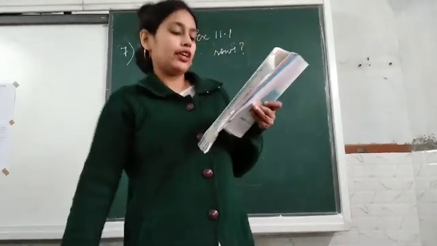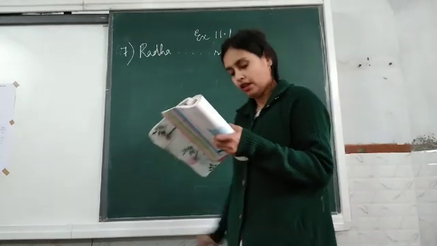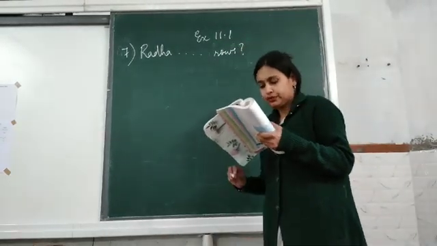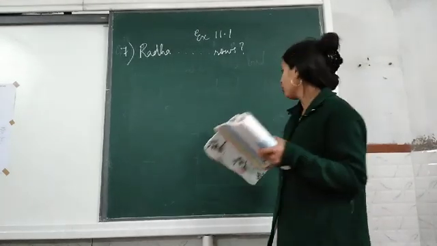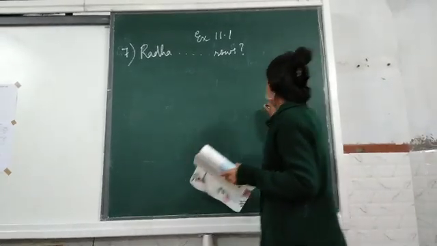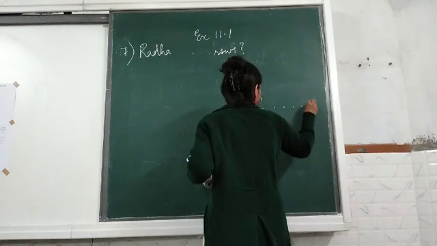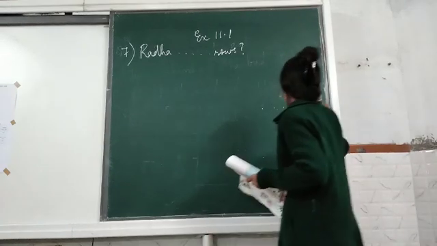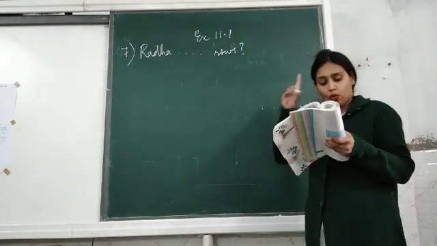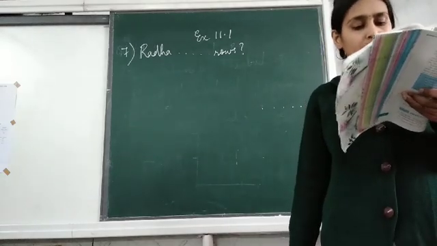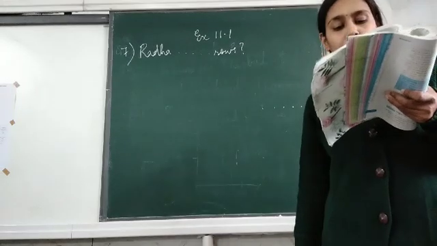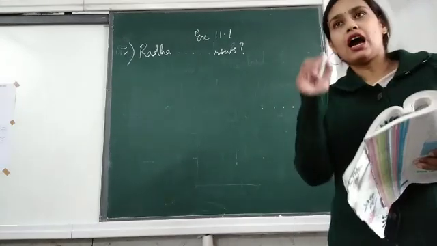Radha is drawing a dot rangoli with chalk powder, and she has 9 dots in a row. How many dots in a row? 9. So 1, 2, 3, 4, 5, 6, 7, 8, 9. You can see these are the 9 dots in one row. How many dots will her rangoli have for R rows?